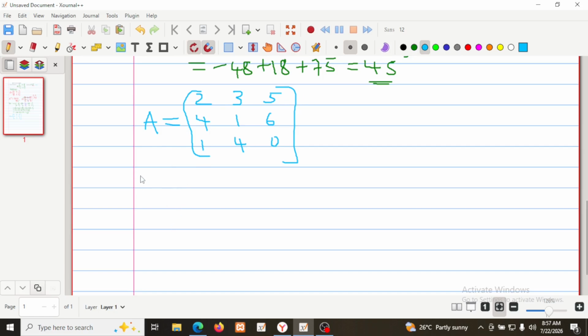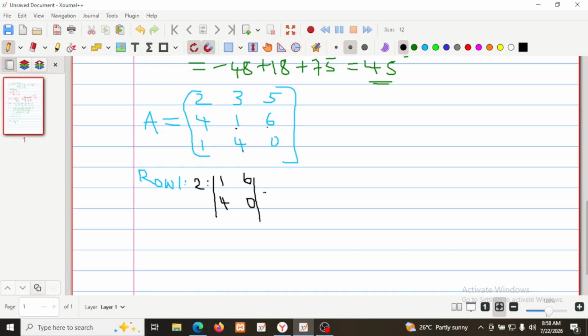So for the first row, I will use black for row 1. So we will have 2. For 2, when you block this row and this column, we have 1, 6, 4, 0.